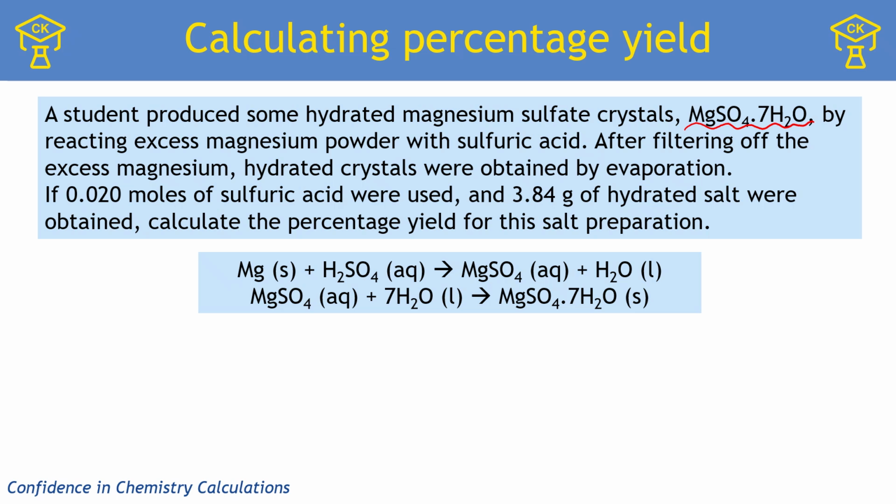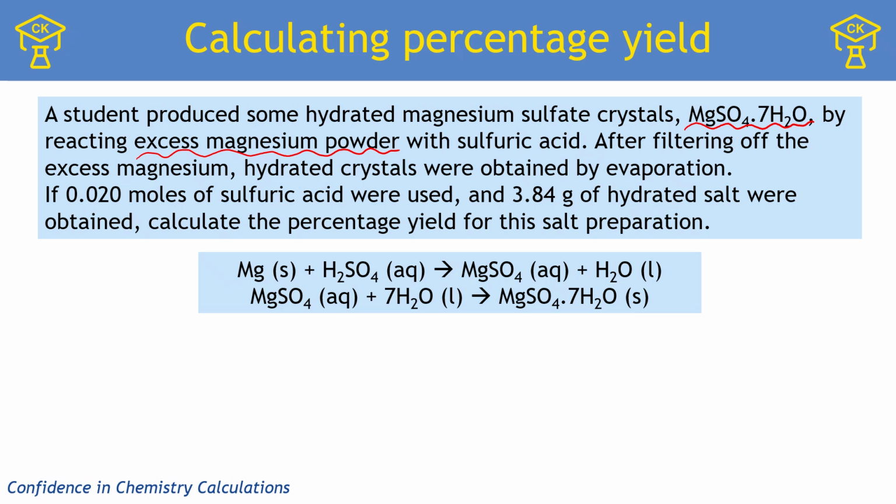It's told we made this by reacting excess magnesium powder, so it doesn't matter how much magnesium I've got, I don't need to worry about that, with sulfuric acid. So if magnesium is in excess, sulfuric acid must be my limiting reagent. That's going to determine my maximum mass that I can possibly get.